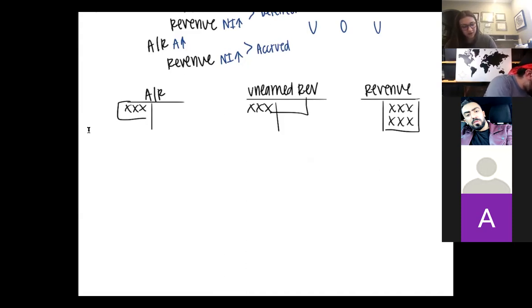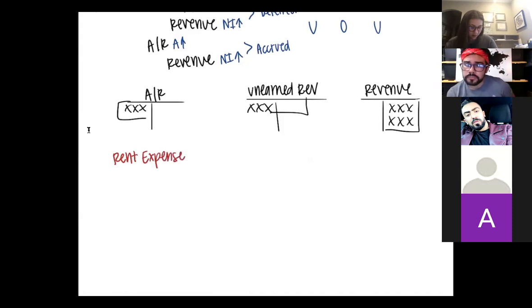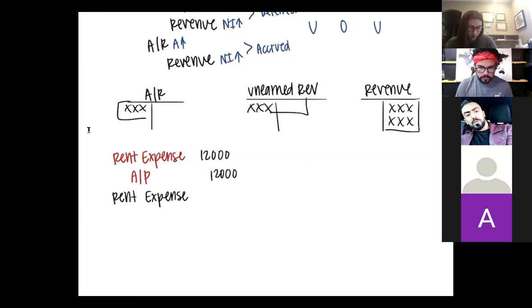So what they did wrong was they debited rent expense and credited AP when they should have, if they want to do it this way, debited rent expense for the full amount and credited cash. You have to credit cash because you just can't use AP in this case.